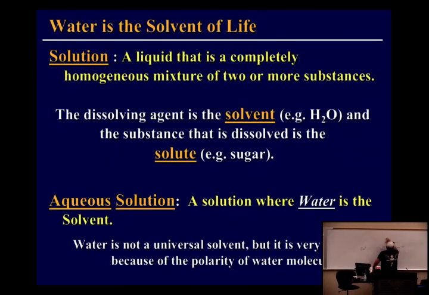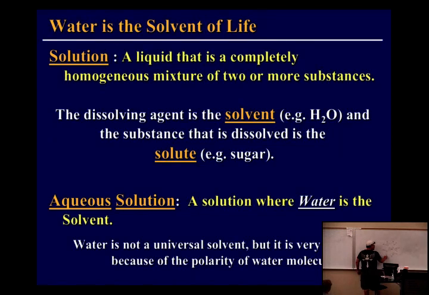So water surrounds ions in a specific way. If we have sodium that has a positive charge and we have water molecules here, it will surround it like this. And why is that? Right, because the oxygen has a slight negative charge.